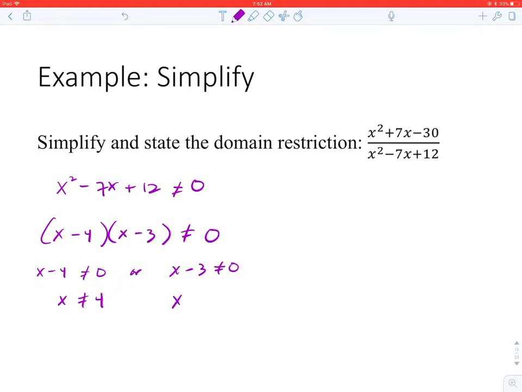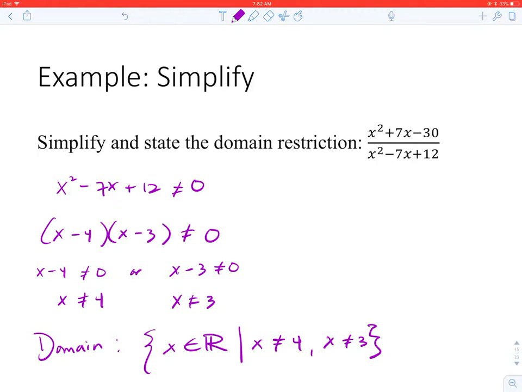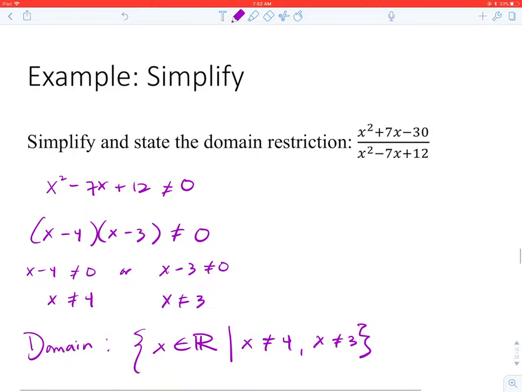So x cannot equal 4, x cannot equal 3. Okay, and then here is our domain of this rational expression stated in set builder notation.